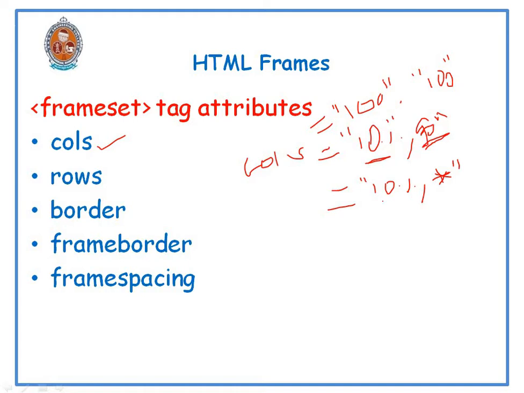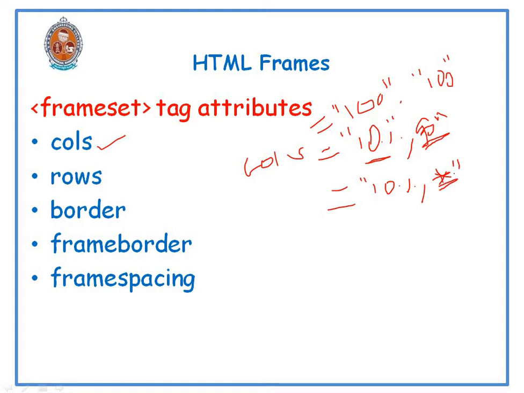We can also specify the value as wildcard symbols. That is written here: COLS equals 10 percentage comma star. That means the first frame takes 10 percentage of the area of the entire browser window, and the remaining 90 percentage area goes to the other frame.